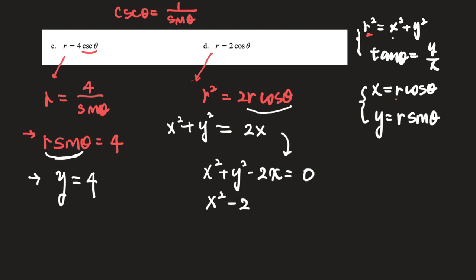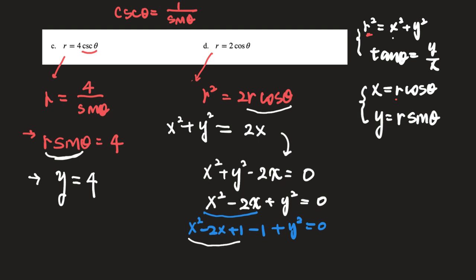x squared minus 2x plus y squared equals 0. Let's complete the square. You need here x squared minus 2x plus 1 minus 1 plus y squared equals 0. This part is going to be a complete square: x minus 1 squared minus 1 plus y squared equals 0.